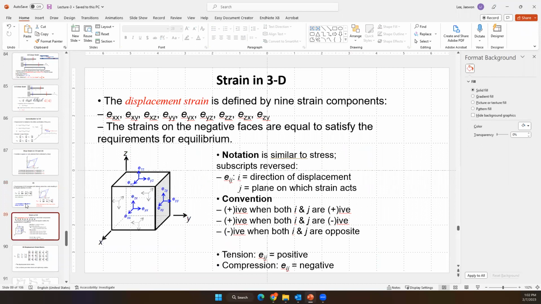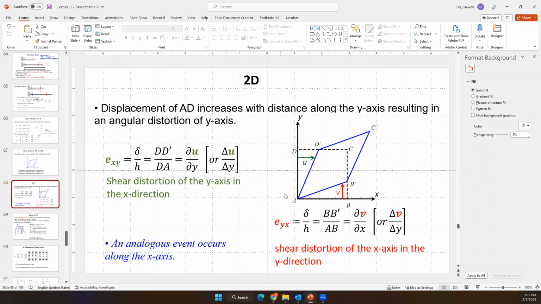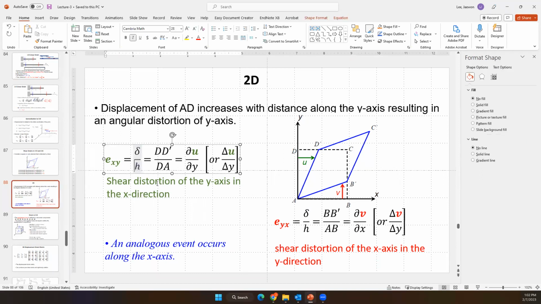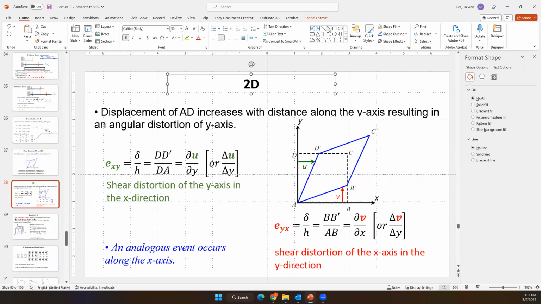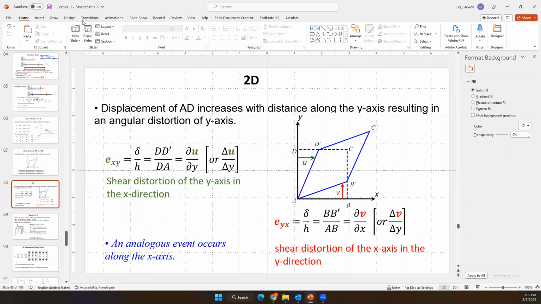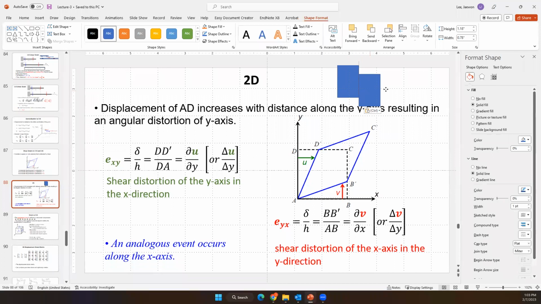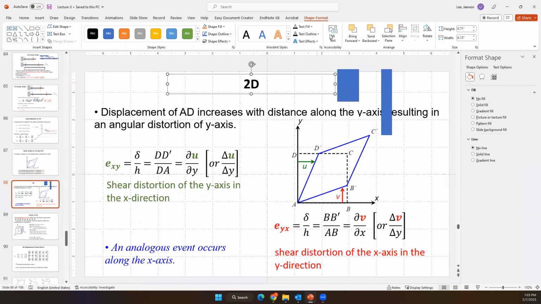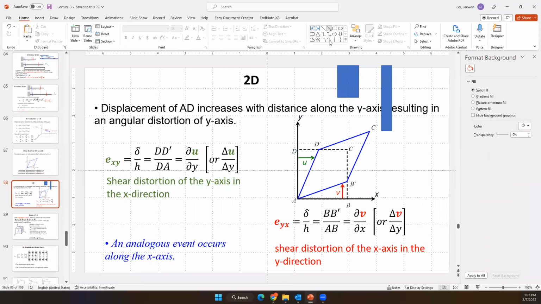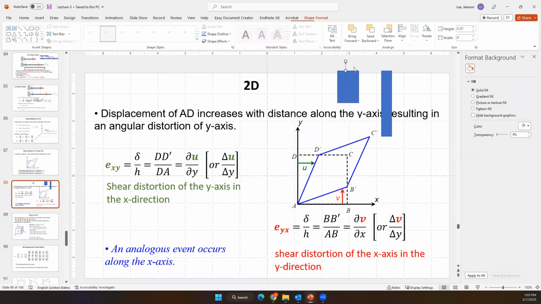I have a question. What is the delta and H? If we apply the force in this direction, what is this?